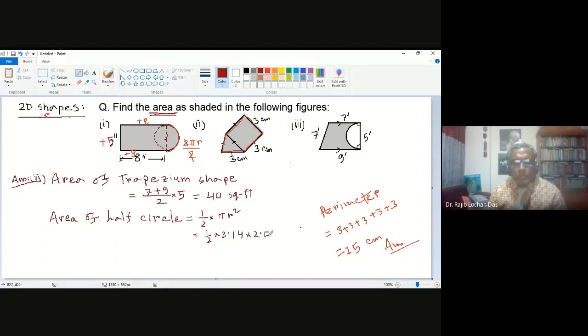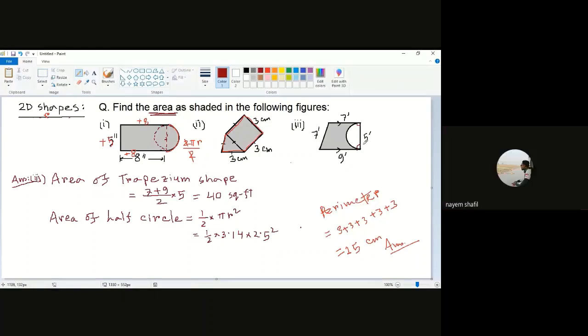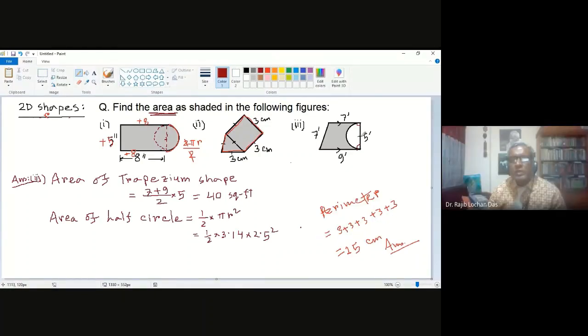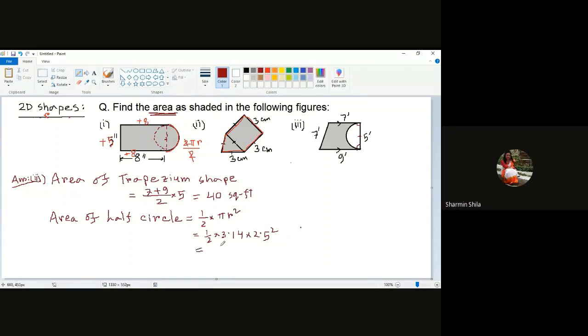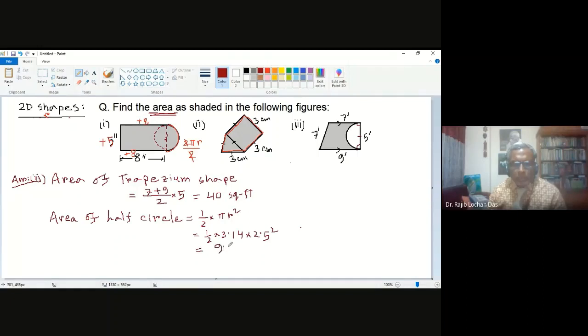Why 2.5? Because it is half of 5. So it is 2.5 square. Now calculate the area. What is the area you are getting? 9.82. Okay, fine, no problem. I'm writing 9.82 square foot, again the same thing, sqft.